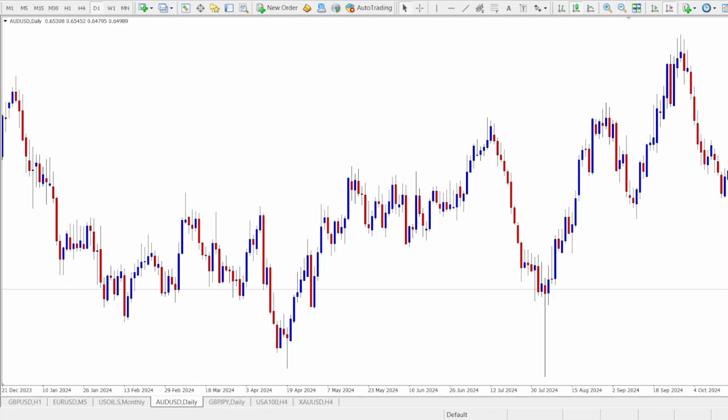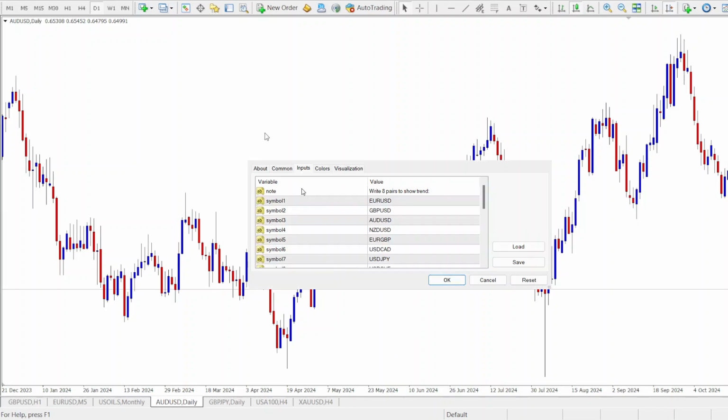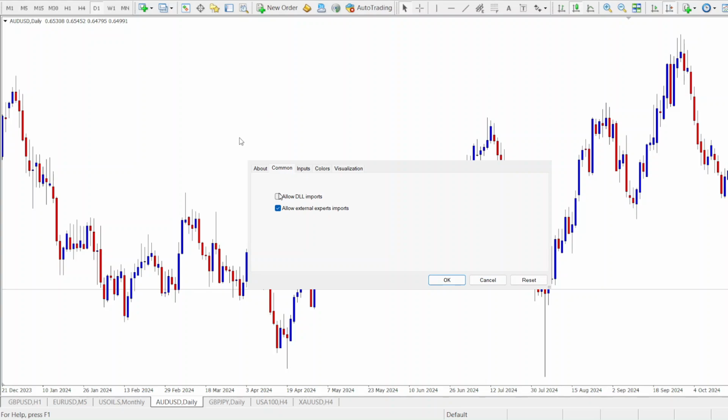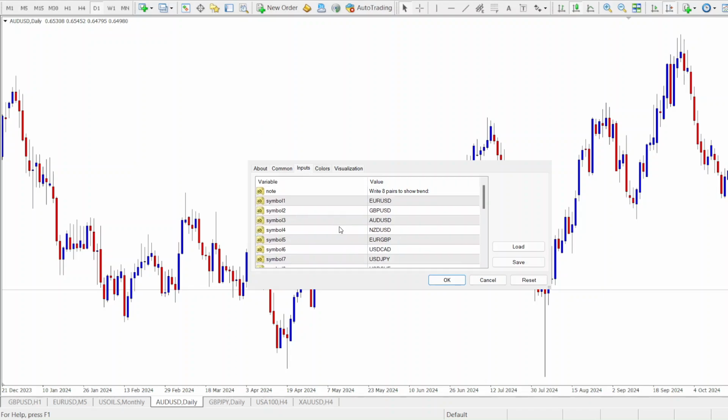Now I'm going to be adding the indicator to the chart, and this is a custom indicator, so I need to allow the DLL imports. Now it's important for you to know that this indicator is quite unique. The indicator tells you the trend of 8 different currency pairs, so it doesn't exactly matter what chart you load the indicator on.